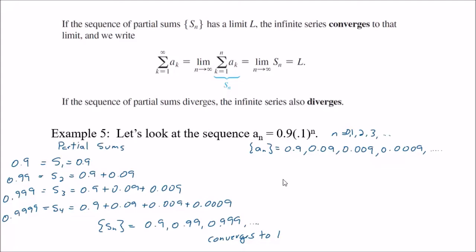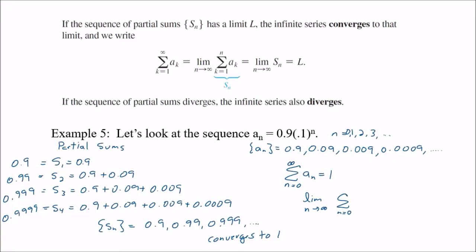So what that means is that infinite series associated with A sub n converges. The sum from n equals 0 to infinity of A sub n is equal to 1. Or I could say, if I write it in this notation up here, the limit as n approaches infinity of the sum from n equals 0.